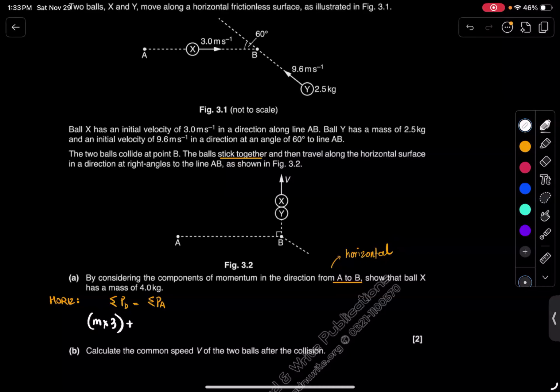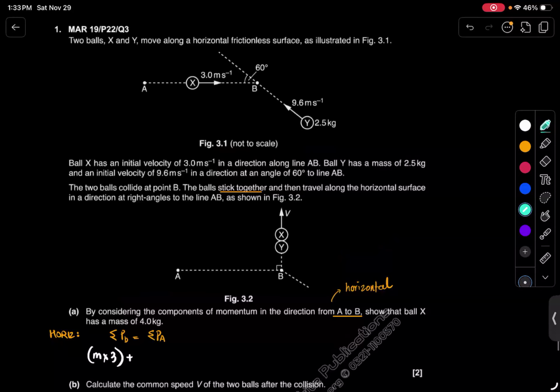plus, what is going to be the other one? How do I find out the horizontal momentum of this ball? Any idea? Yes, Ariz. Any suggestions? Are you stuck here as well?